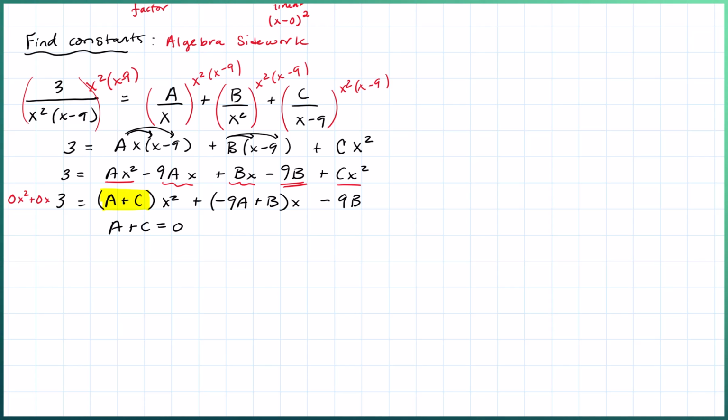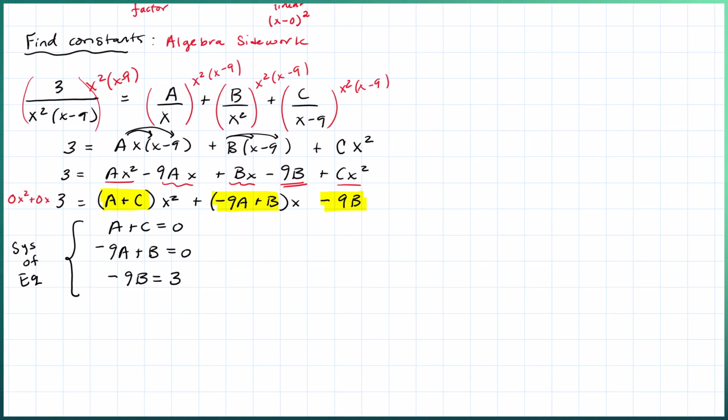And in a very similar way, negative 9a plus b has to also be equal to 0. And then the constant, negative 9b, now there is a constant term, it is 3, so negative 9b is equal to 3. And now we've got a system of equations.